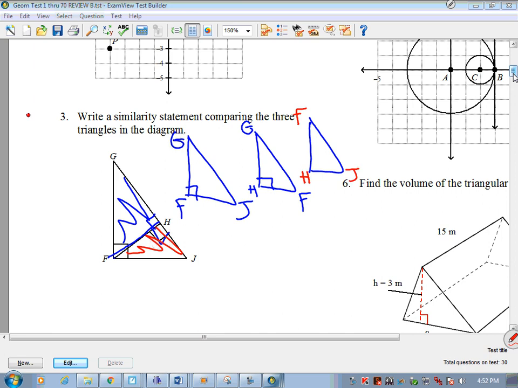So what we're seeing in this is triangle GFJ is similar to triangle GHF, is similar to triangle FHJ.